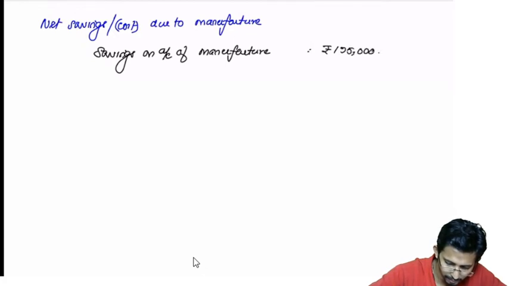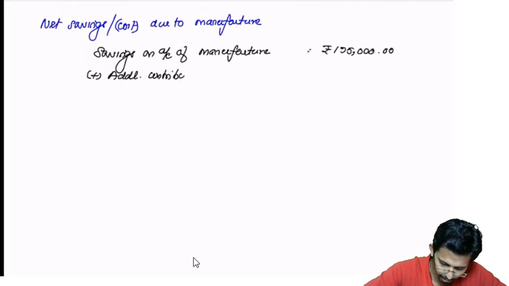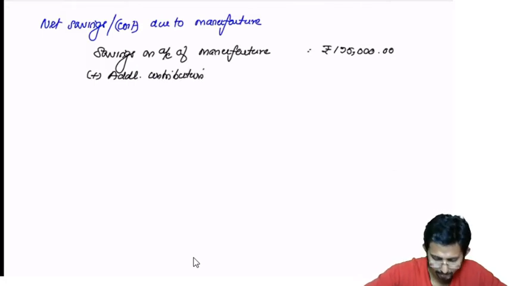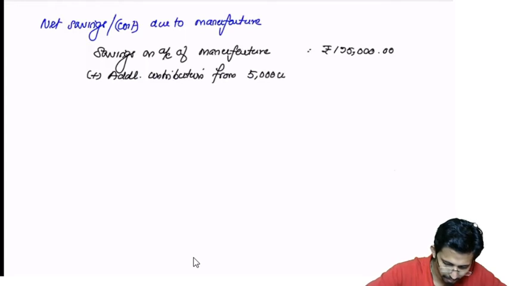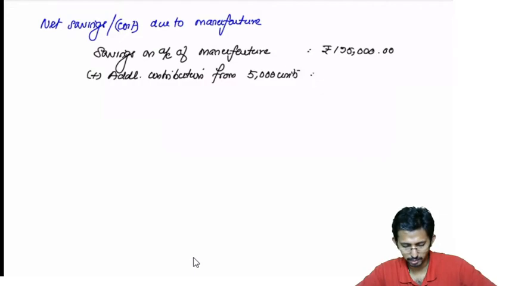Then add additional contribution from 5,000 units. What is the additional contribution from 5,000 units?